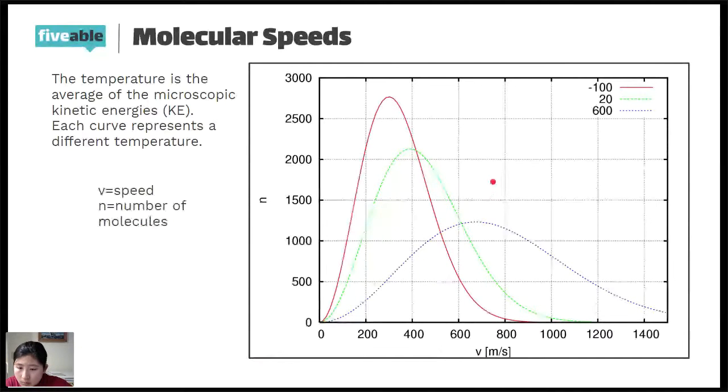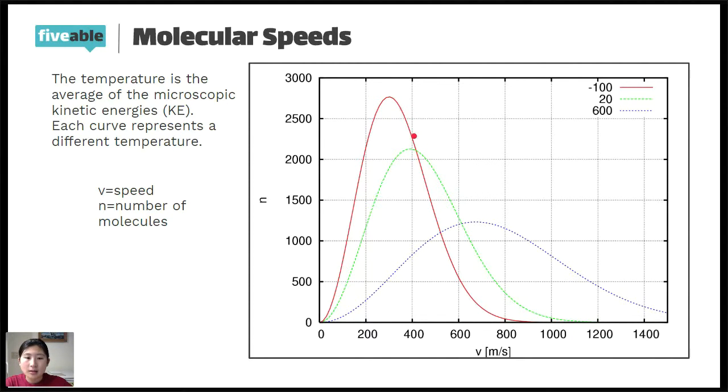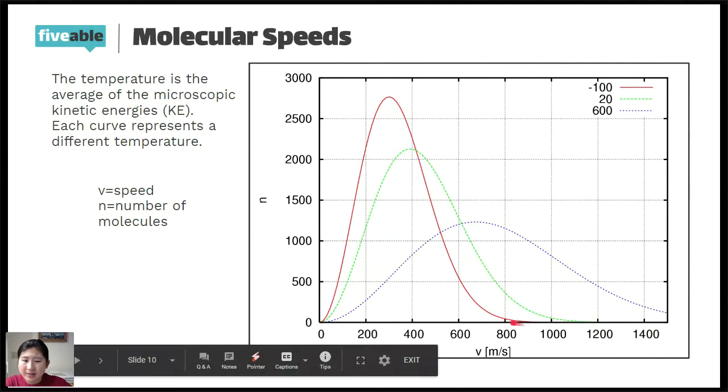So if they were to compare these, then usually the peak is lower. But you also want to make sure that you can see this side of the curve is reaching into the super high speeds, right? So if you're comparing three curves that have the same length as this red curve, they all reach zero at around 800.